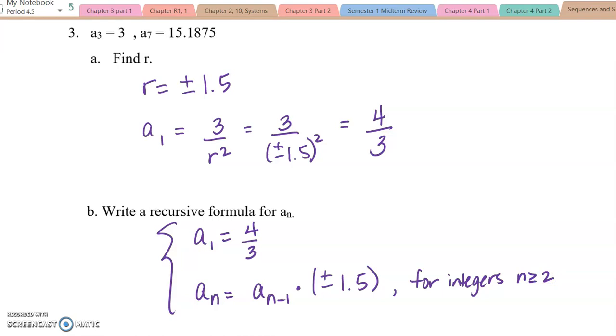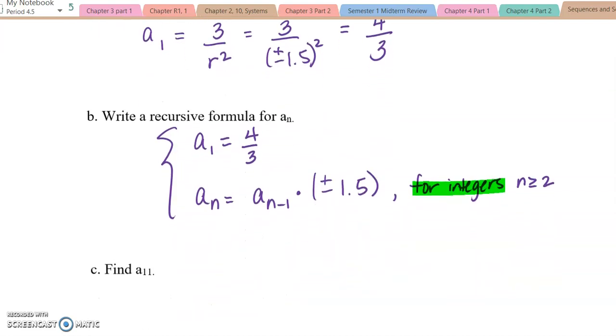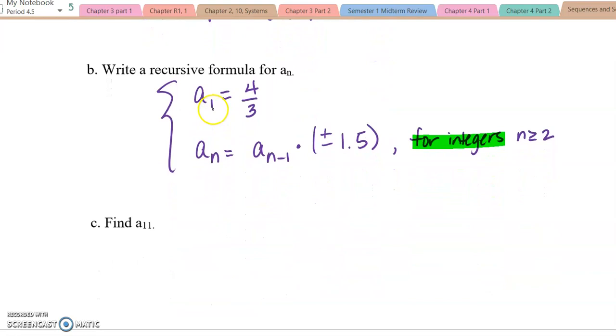So this was something I didn't write on Tuesday and Wednesday, but it really is important because sequences are patterns that only allow for whole number inputs. So you can only plug in 0 and 1 and 2, you can't have decimals. So that's why it makes sense that you can say for integers n greater than or equal to 2, because it forces n to be 2, 3, 4, 5, etc. Like I was saying in the other video, you can actually have a beginning of 0.